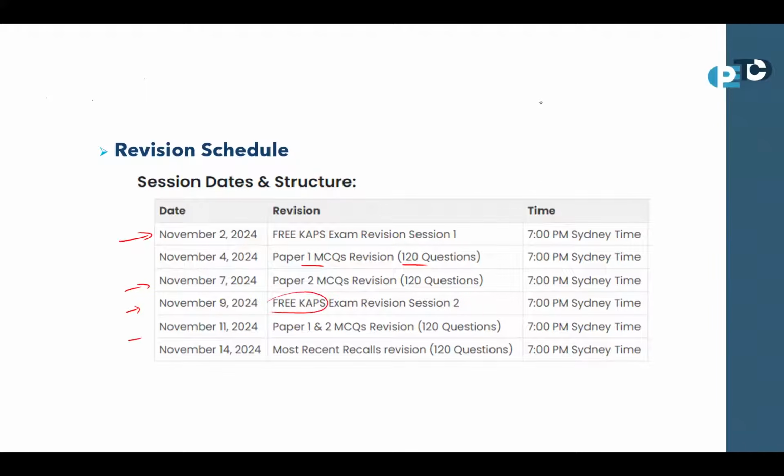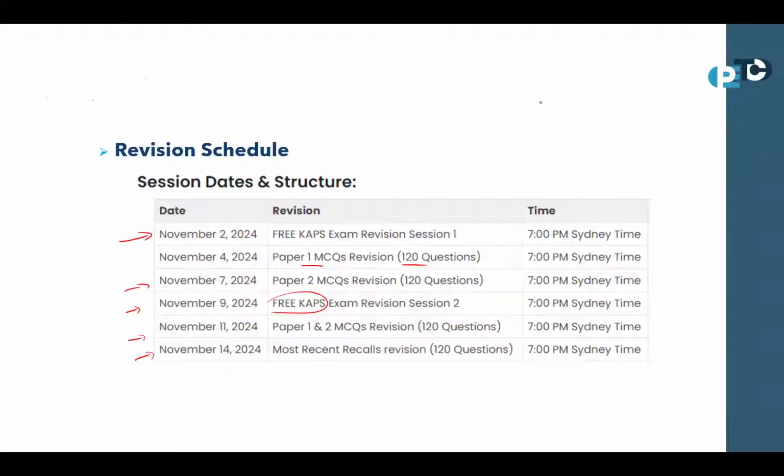Then on November 11, we will have the third complete revision about both papers, paper 1 and paper 2. And finally, the last one will be about the most recent recall, which was present in the last couple of exams.